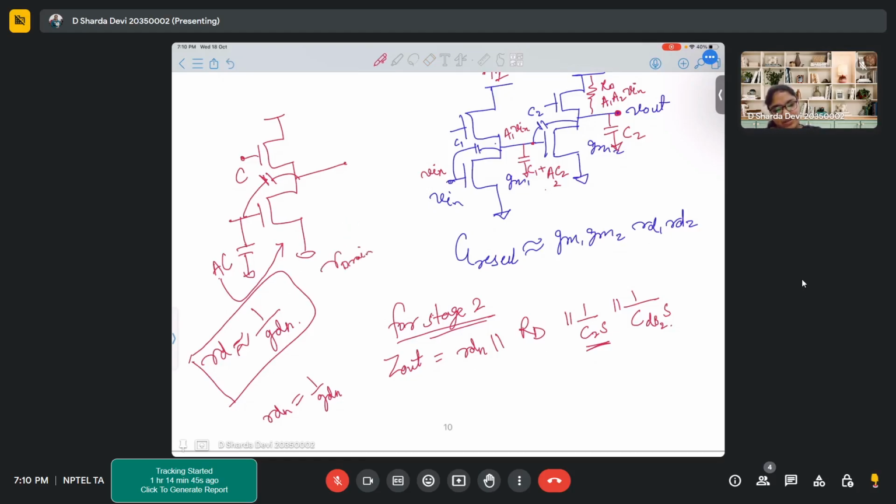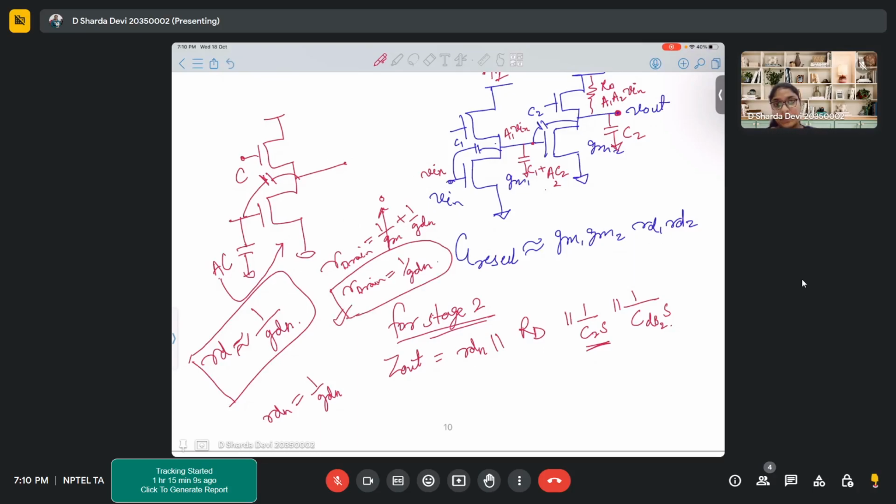It turns out to be 1 upon GM plus 1 upon GDN, I'm not very sure. This term is very small compared to this, so we ignore it and say drain resistance is equal to 1 upon GDN. That's the internal one, correct? Yes, internal one.